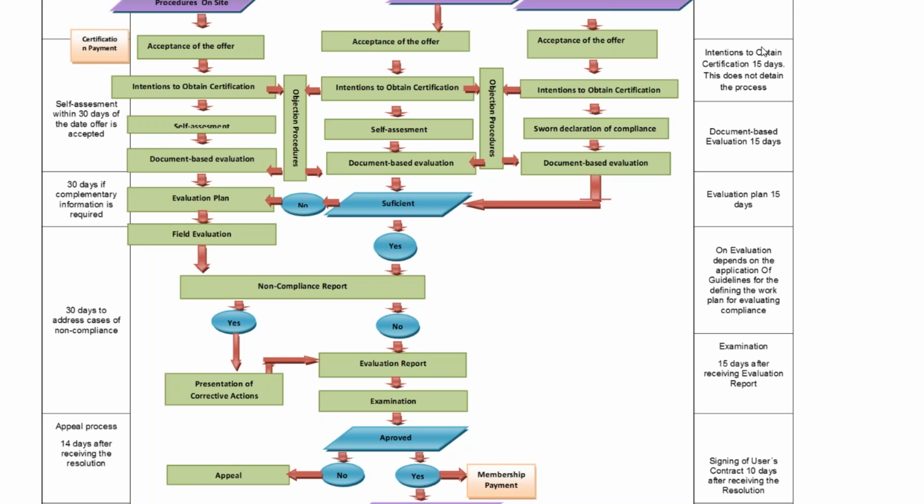The evaluation process starts with the self-assessment, as you see in this part, self-assessment for the complete procedure and the document-based procedure. In case of the shortened document-based procedure, the self-assessment will not be conducted. The self-assessment is based on an evaluation form.